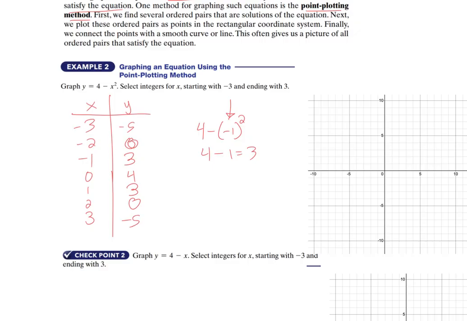So we can plot these points here. Negative 3 will be negative 5, negative 2 is 0, negative 1 is 3, and then 4, so 3, 0, negative 5. And then we connect those, and there is our graph.